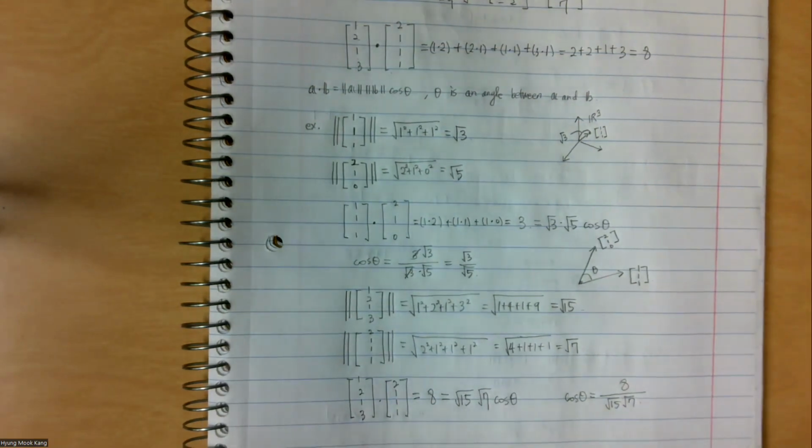Okay, so now we know how to do inner product. Now let's see orthogonality. Orthogonality means that the inner product gives us 0.